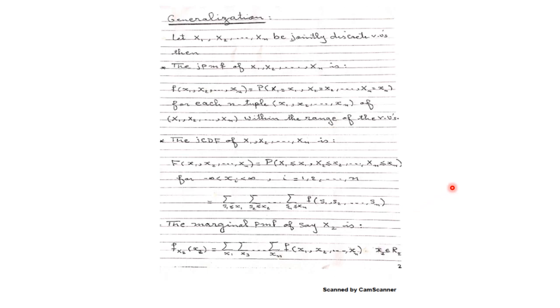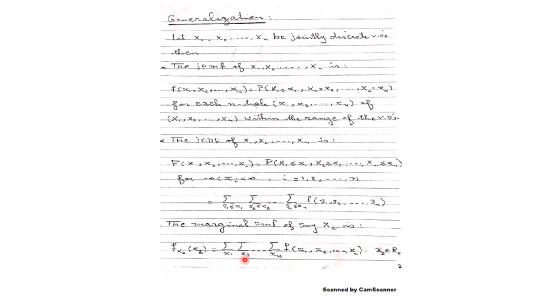Okay, so this is the joint probability mass function and the joint CDF. What else did we talk about? We've talked about the marginal. So if we want the marginal probability mass function of, say, x2, how do we get it? We add over all other variables, right? So f at x2 will be, we sum over all but not x2. Can you see I am adding over what?